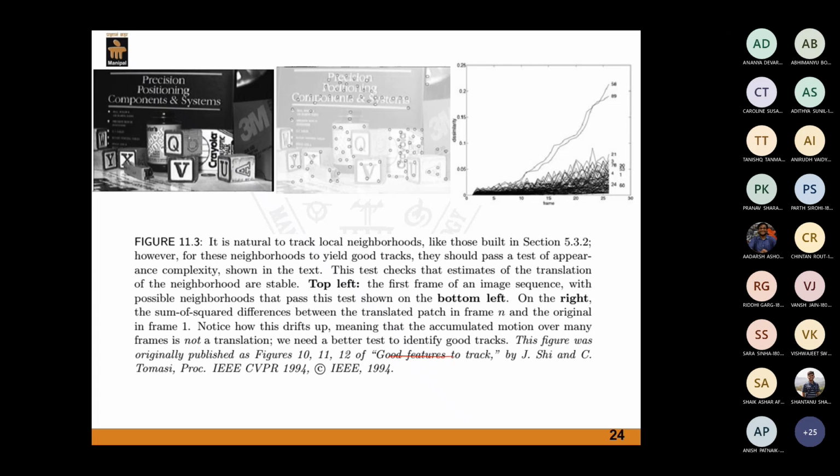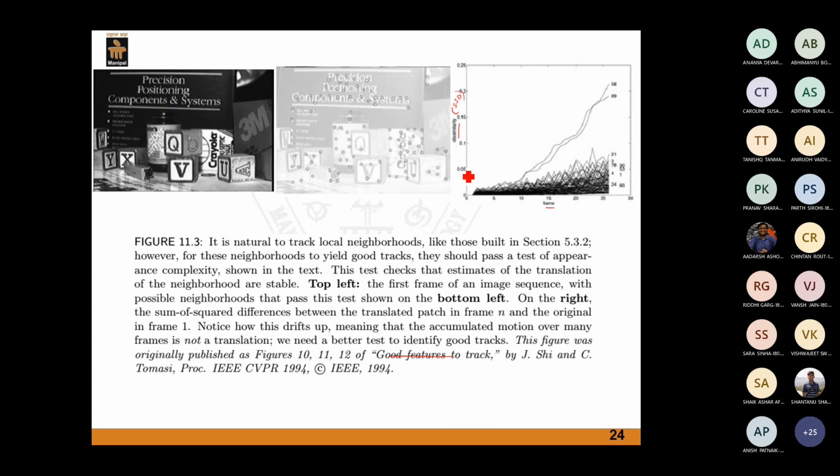Now, if you're looking at this third figure, just have a look at this. What it is plotting is the dissimilarity measure along with each frame. Dissimilarity, or you can just take it as a cost function over here, which is basically SSD, the sum of squared difference.